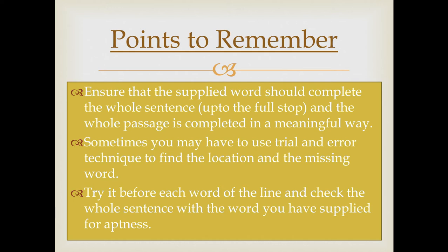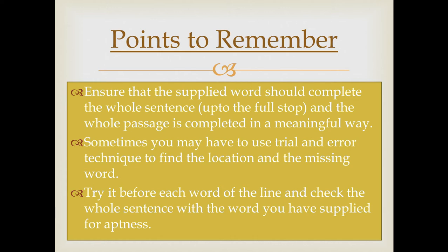Is it good and smooth to read? Once all that is done, then your passage is edited and ready to be submitted. So these are a few points which you have to remember while doing the exercise or solving your passage, right?